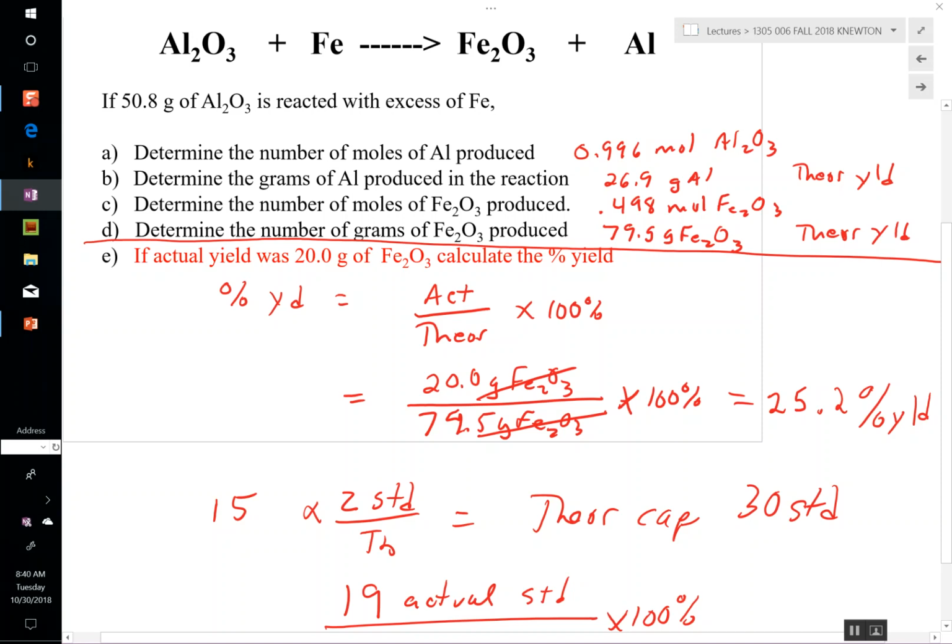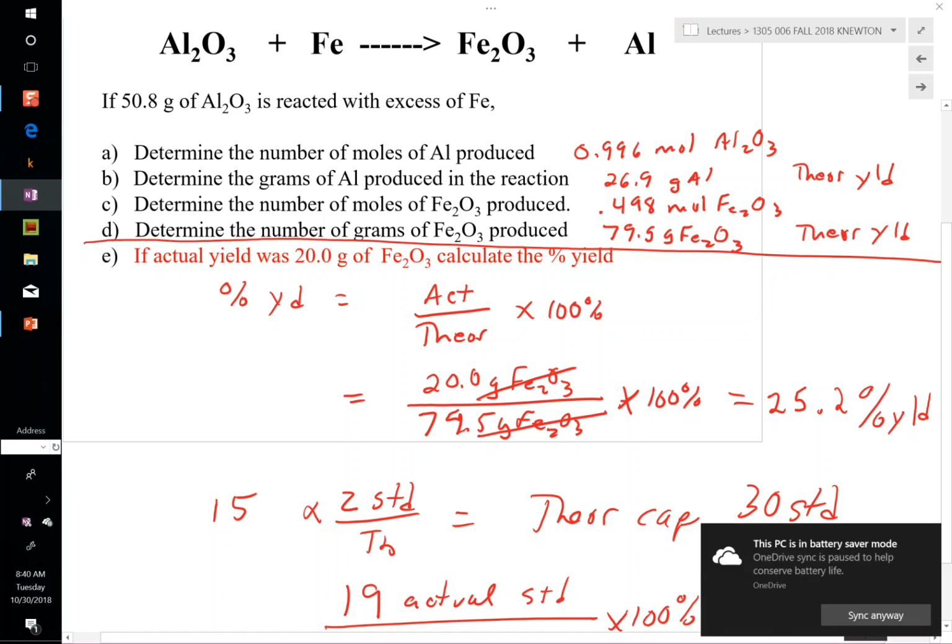Avogadro's number. There are 6.02 times 10 to the 23rd helium atoms per mole of helium. That number does not change. Sometimes we use more significant figures than this, but the number basically doesn't change.